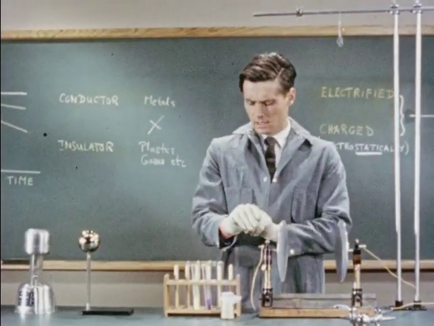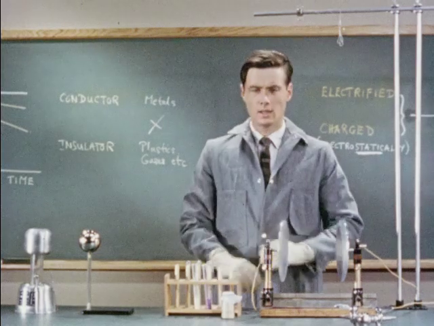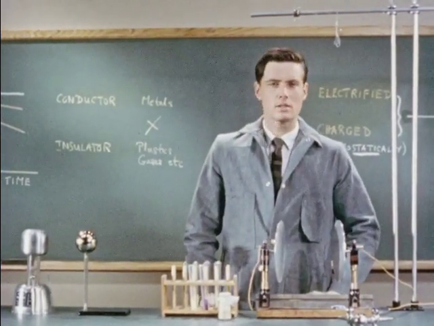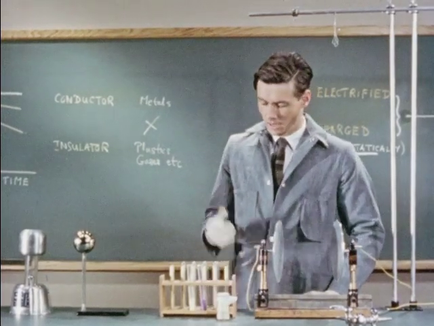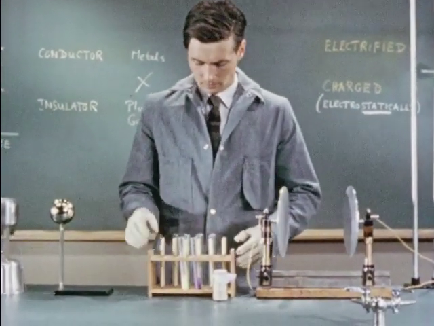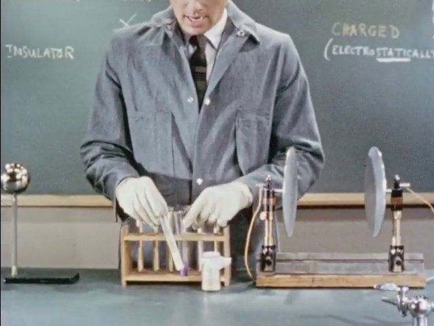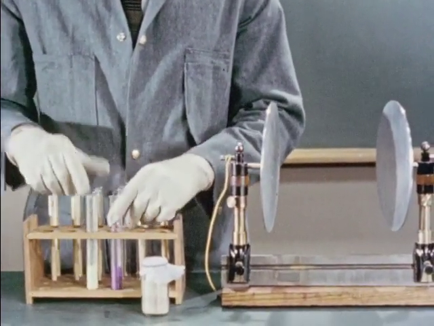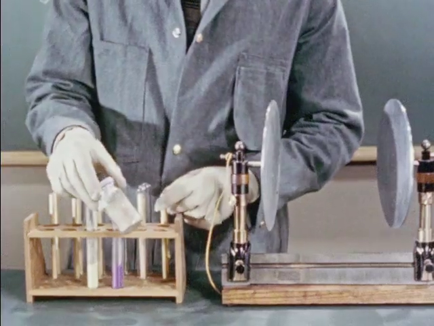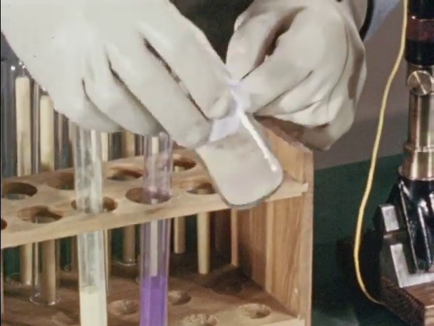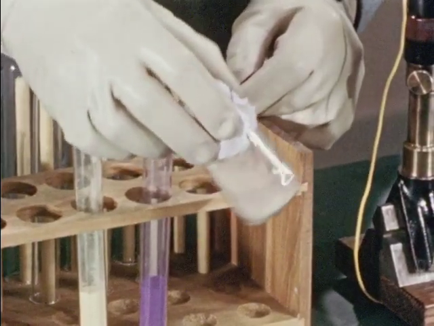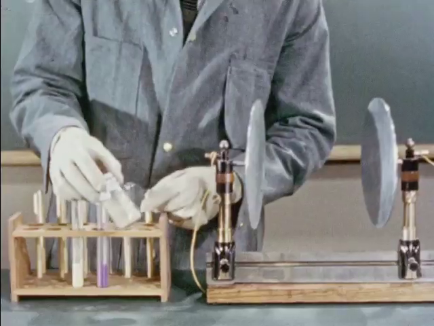Now, this is not easy to demonstrate. We need a method of labeling charged surfaces, and since this particular method's rather messy, I put on a lab coat and gloves. Here is a yellow and a purple powder, and here is a mixture of the two. When shaken together, friction between the grains gives each powder an opposite charge.